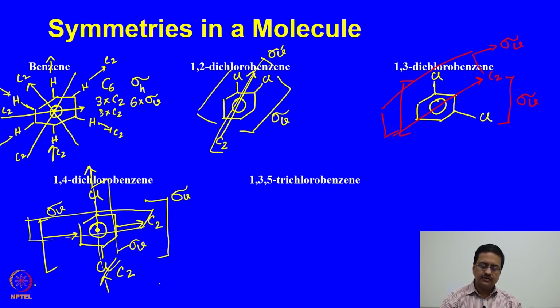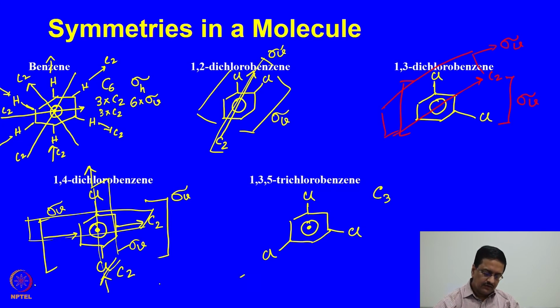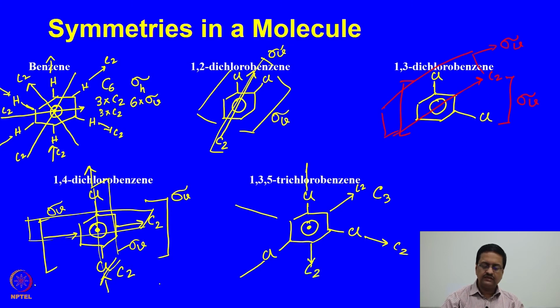And let us see the last molecule of this class, 1,3,5-trichlorobenzene. So, what we have here passing through the center of the molecule is a C3 axis. Then you have C2 axes passing through the CCl bonds. So, it has 3 C2 axes, and what else?